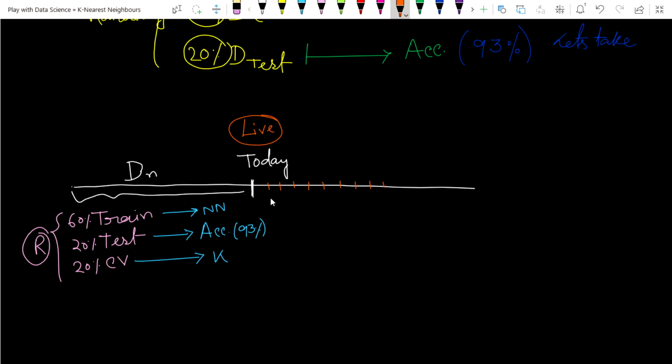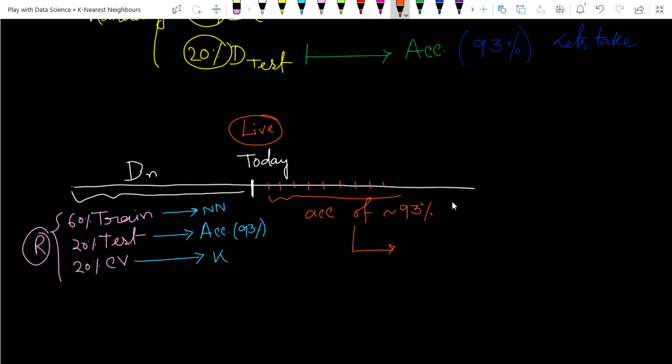The day after tomorrow, our model may not give approximately 93%. I think it may not give 93% accuracy, but actually somewhere near 92%.